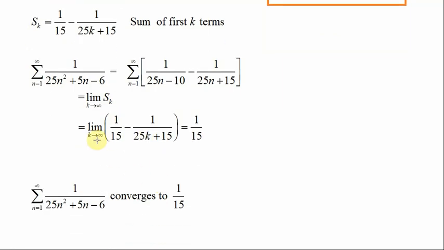As k approaches infinity, this term approaches 0, and so we get 1 over 15 minus 0, which is 1 over 15. So we say that the original series with the expression 1 over 25n squared plus 5n minus 6 converges to 1 over 15. And that's the end of the video.